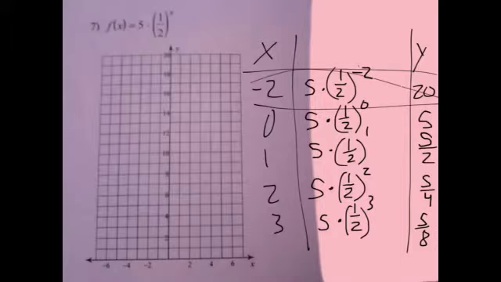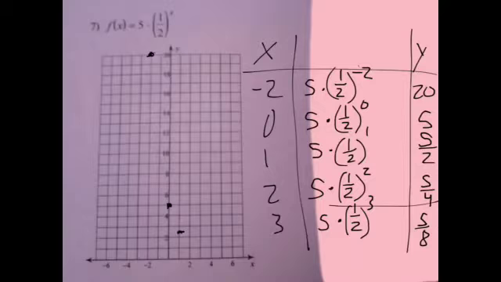And now we just need to graph all these points. Negative 2, 20 is actually right here at the top. And then we have 0, 5. And then 1, 5 halves. 5 halves is about 2.5, by the way.